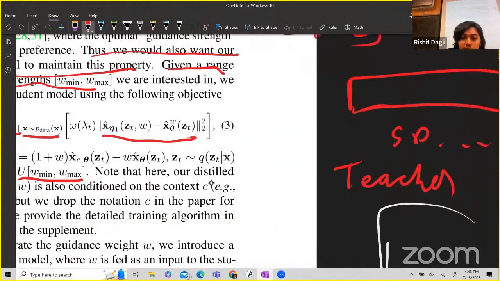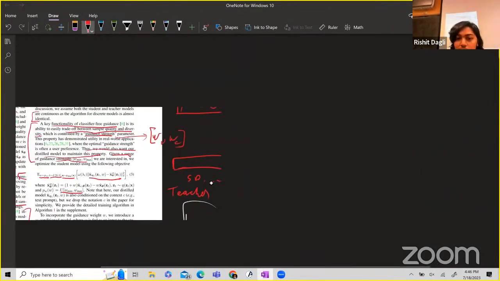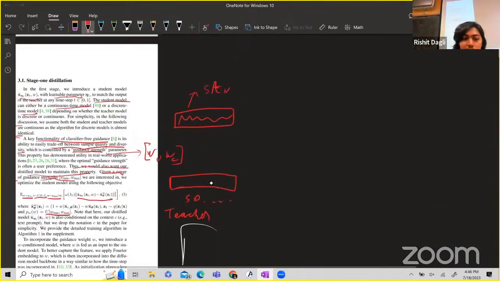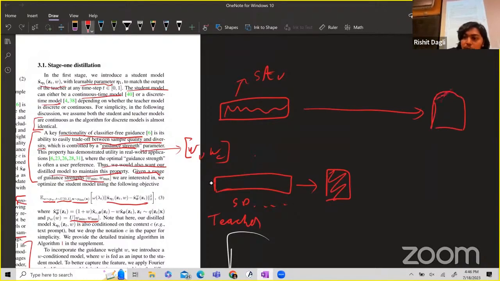And they also take an L2 norm. Anyway, what that means is you want to train the student model to produce approximately similar output as the teacher model. The teacher model produces some output, and the student model is trying to replicate this output. So the objective function, at least for the student model, is that it needs to try and replicate this output.